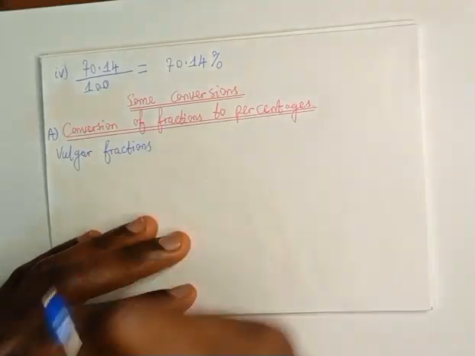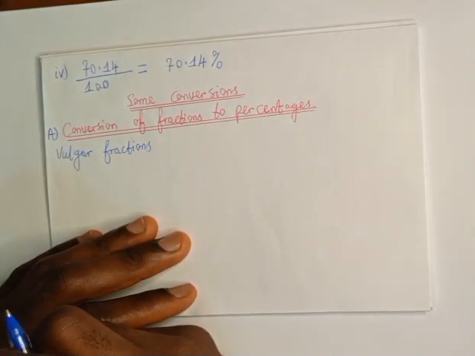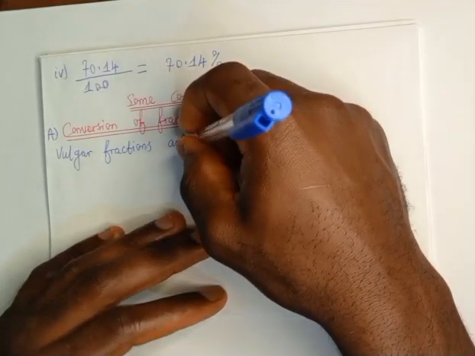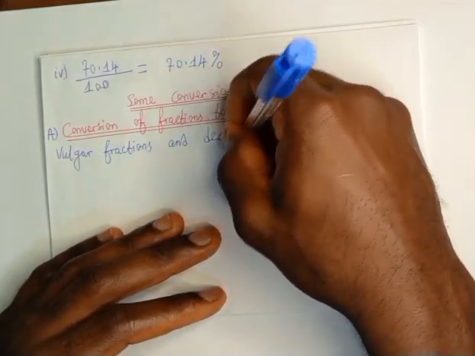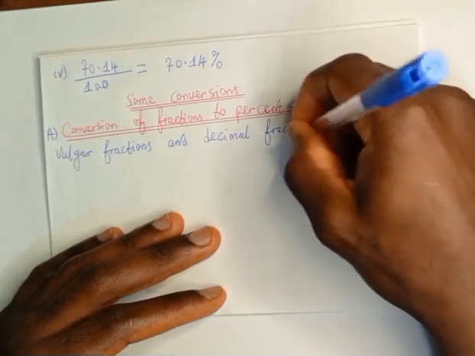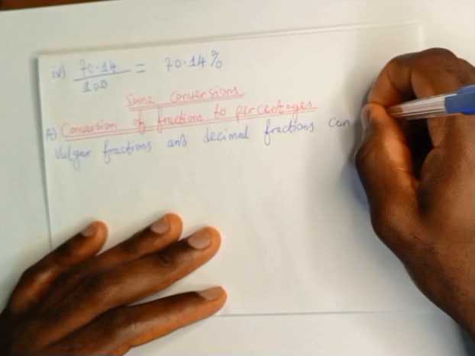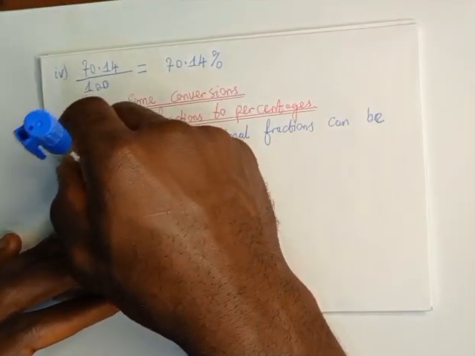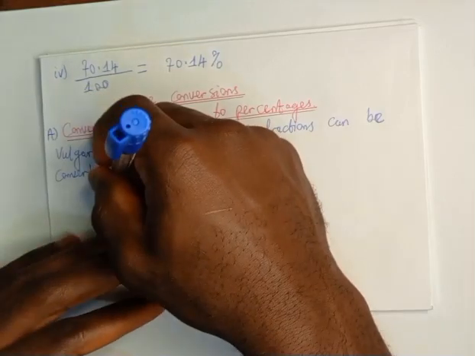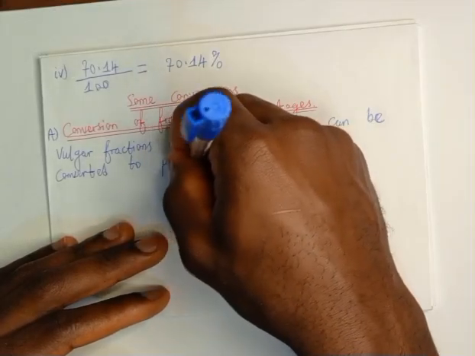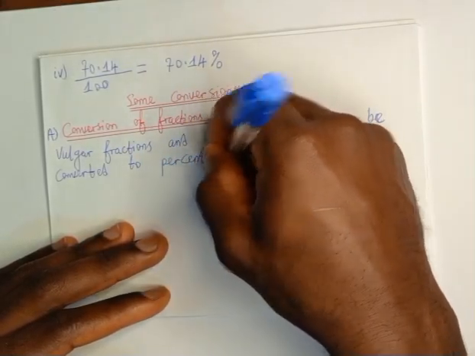That is, this is a fraction whose numerator and denominator are integers. Vulgar fractions and decimal fractions can be converted to percentages.